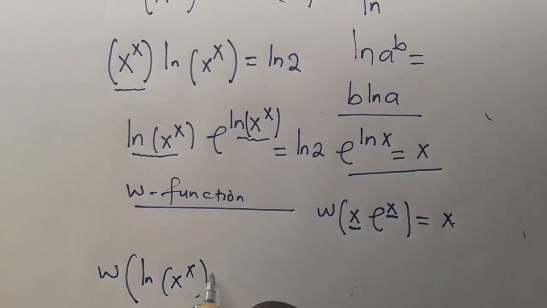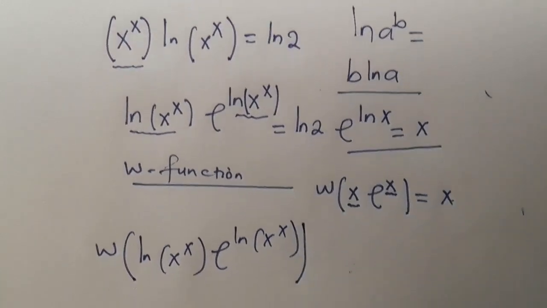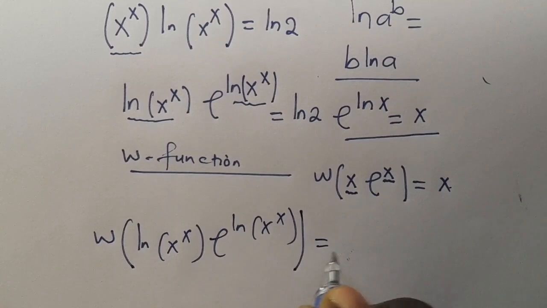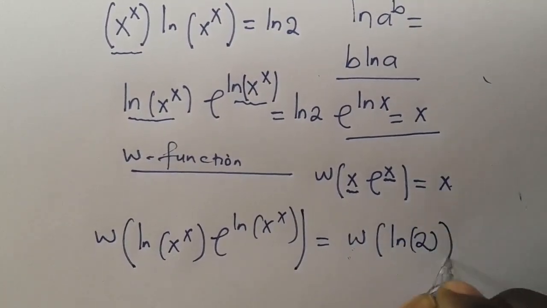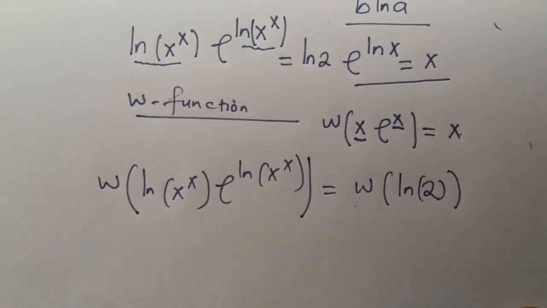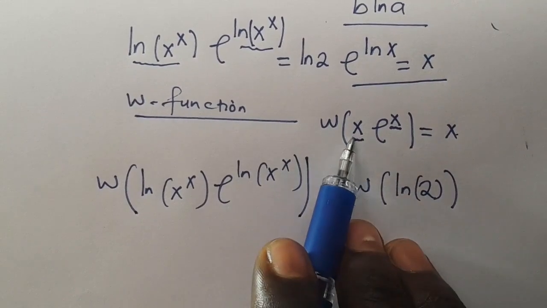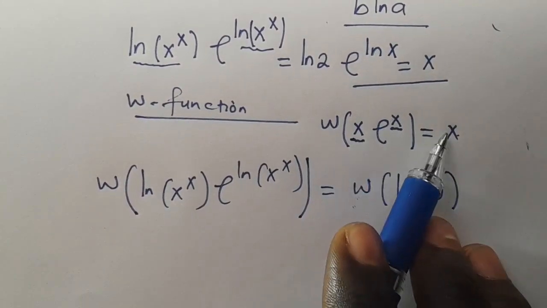Then we have it like this, and this will now be equals W of ln 2. And the theorem says once you have W of x e raised to power x, this will give us x.